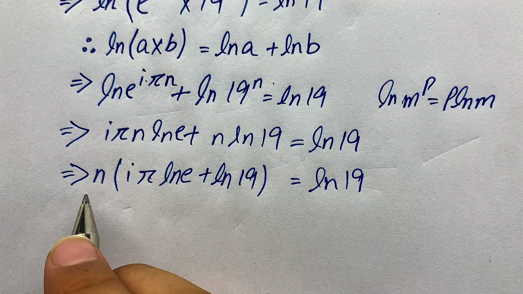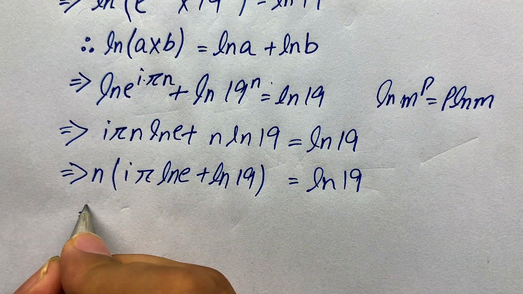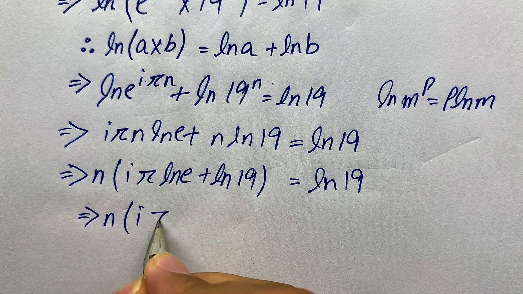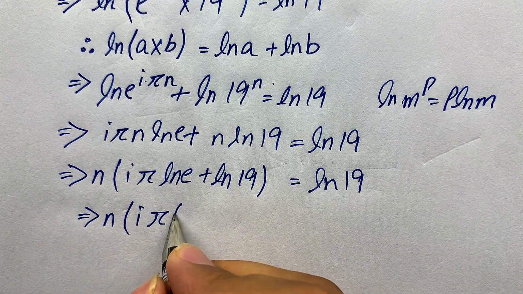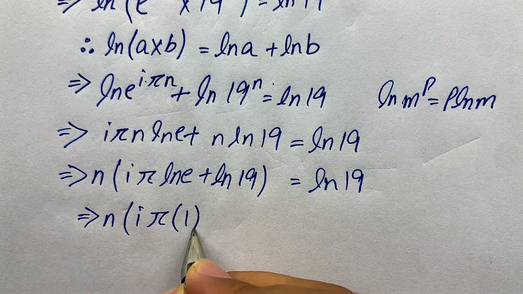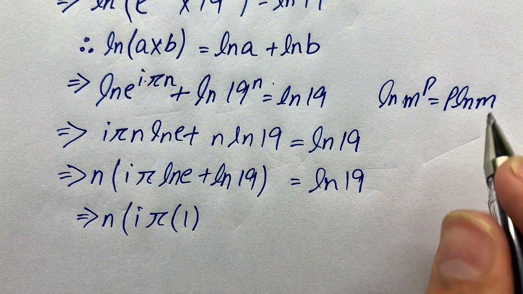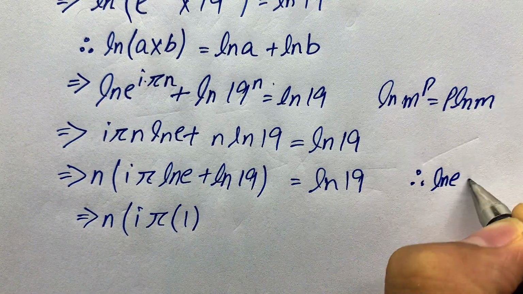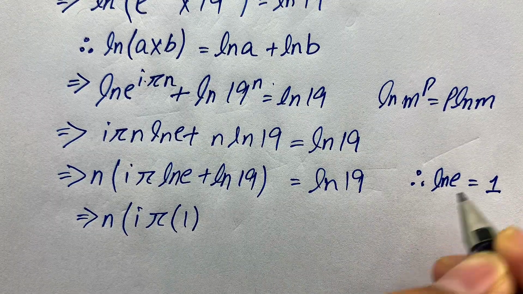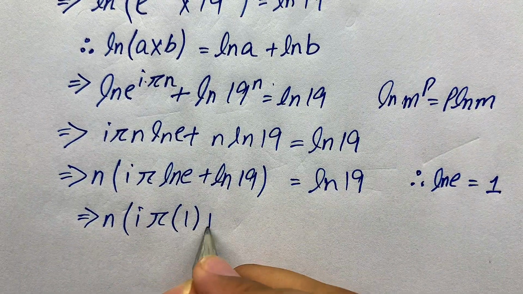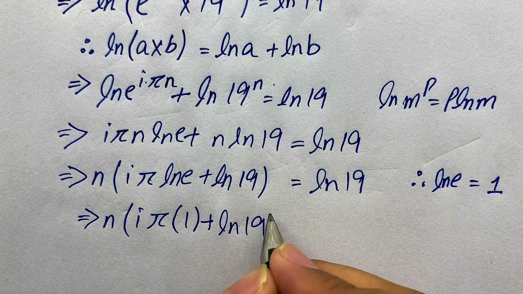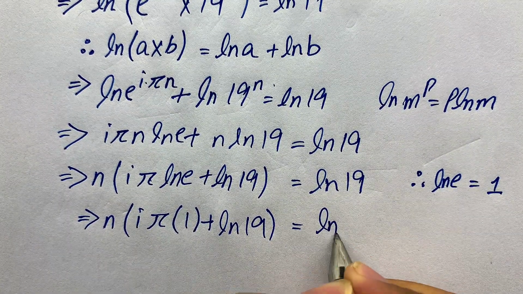In the next step, according to this formula, ln e is also equal to 1, so n(iπ · 1 + ln 19) is equal to ln 19.